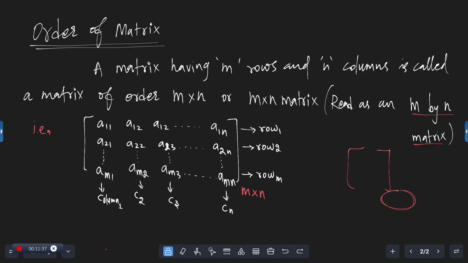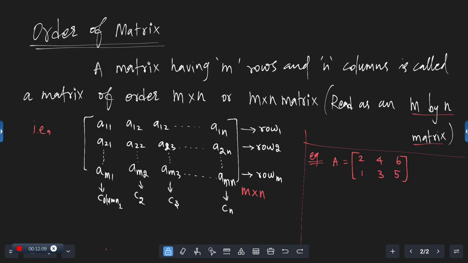Understand? I'm giving an example. A equal to, I'm taking a matrix. The element must be either a number or a function, as we have discussed already. But I'm going to use numbers alone: 2, 4, 6, 1, 3, 5.